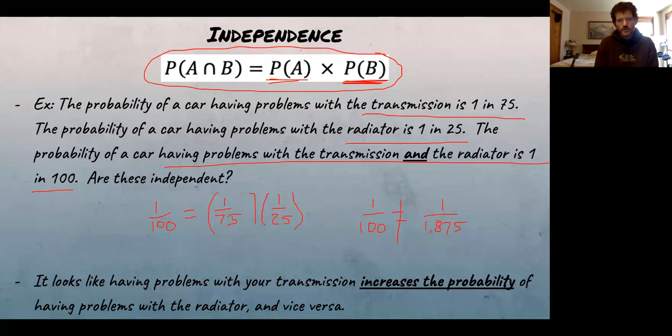If these were truly independent, then having both be a problem would be equal to just those two probabilities multiplied. But because it happens at a 1 in 100 probability, it looks like having problems with one is going to lead to problems with the other. They are related in some way.